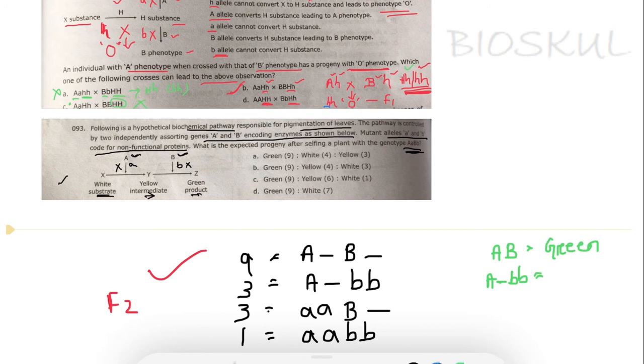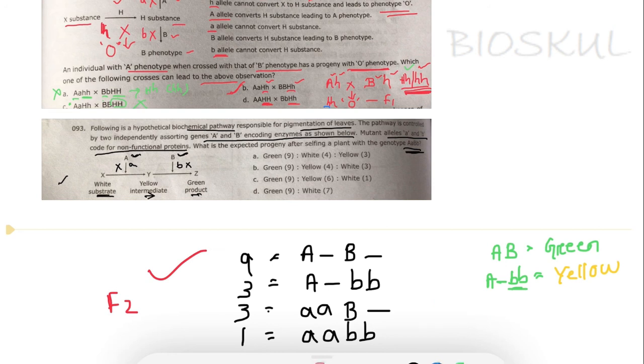What will happen? If the A allele is functional, it can convert the white substrate to yellow intermediate, right? But the allele B is non-functional or mutated, so it cannot convert yellow to green product. So the end product of this combination will be yellow color, right?